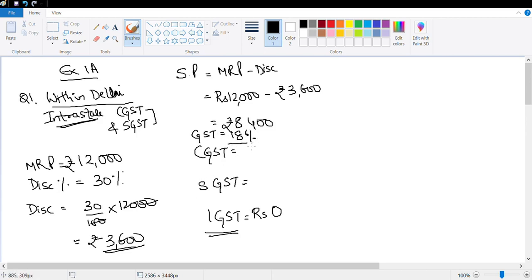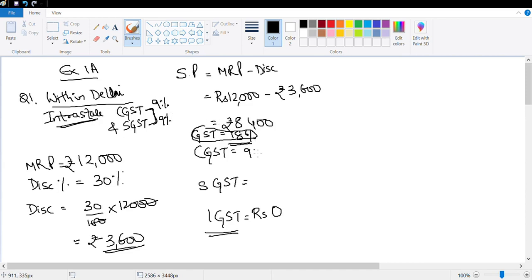So if the total GST is 18%, how is it shared between the state and the center? Yes, I said it is shared 50% each, which means this will get 9% and this will also get 9%. I'm repeating, if the total GST is 18%, the center gets half of it, which is 9%, and the state gets half of it, which is 9%.